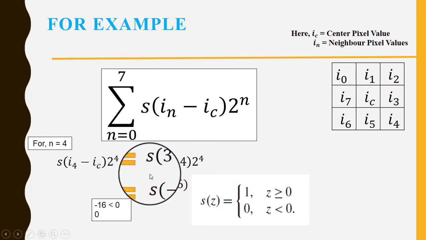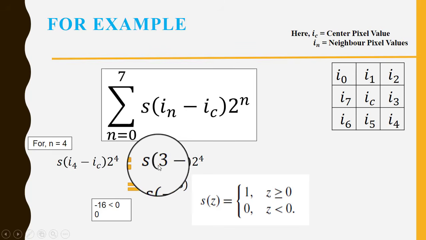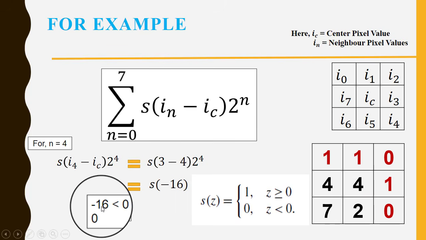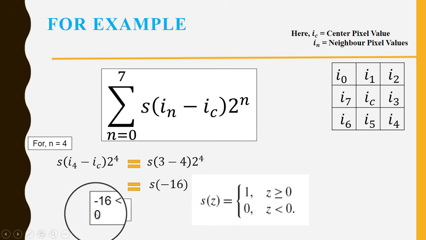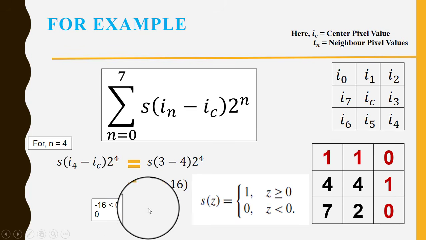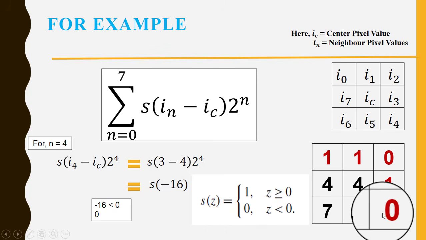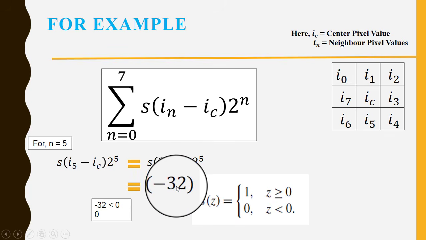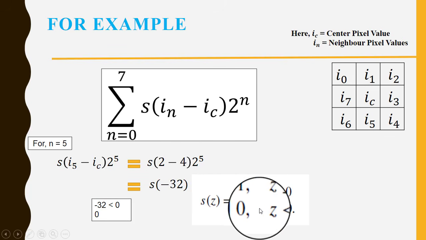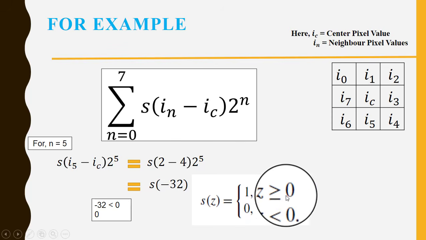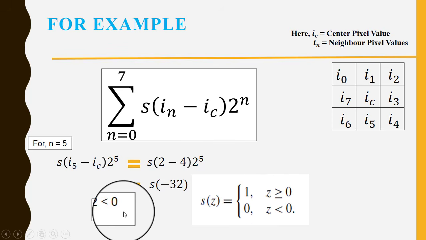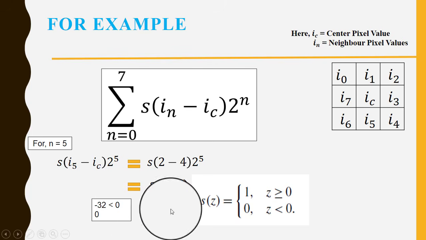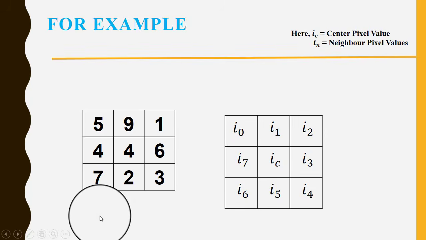Next, for n equal to 4, the value of I4 is 3, compute, and we got minus 16, which is less than 0, so we put 0. Next is I5, that is 2, compute the result, we got minus 32, which is less than 0, so we put 0.